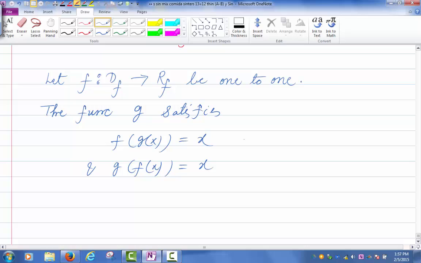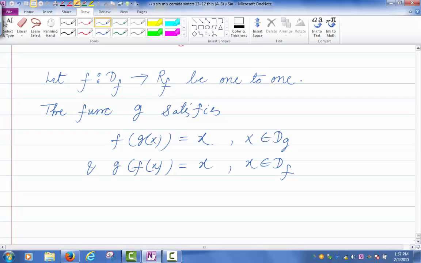This is for all x in the domain of g. This is for all x in the domain of f. If the composition of f and g in any order is equal to x, if and only if g is the inverse of f. Okay.